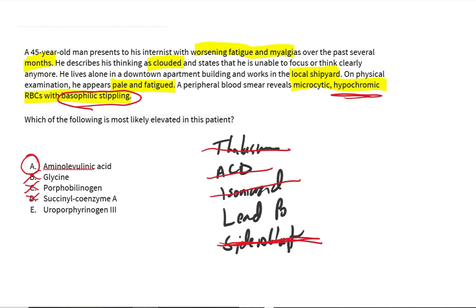Uroporphyrinogen III is not going to be correct because that would be a different disease in the synthesis of heme, such as porphyria cutanea tarda. So now that we understand that, that's it for this video.